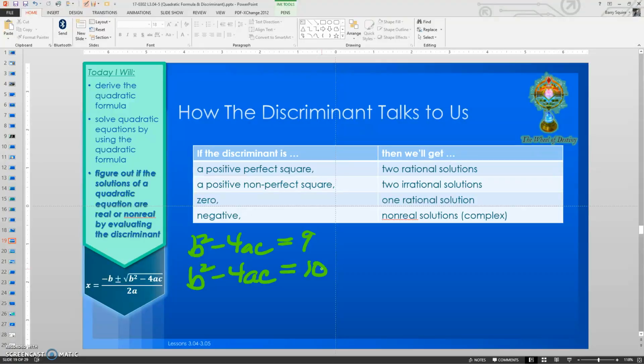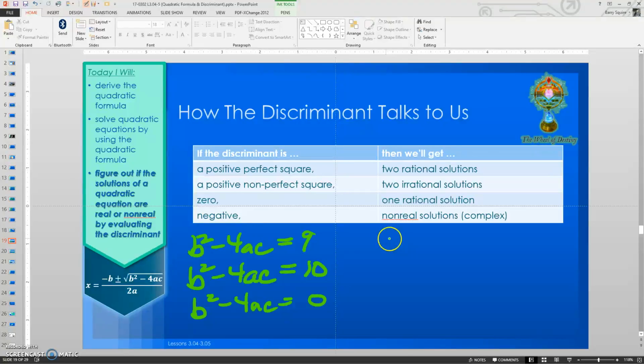And we kind of saw that in the last example. If our discriminant is 0, we're going to have one solution, and it's going to be rational. And it basically means that our quadratic is a perfect square. That's kind of what it means.